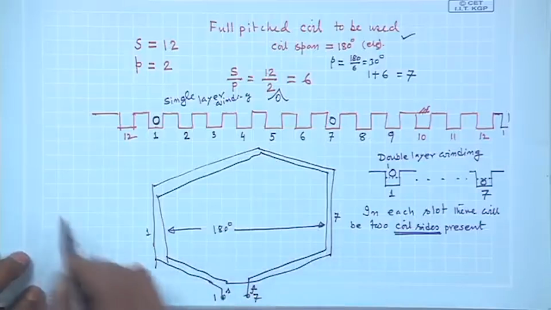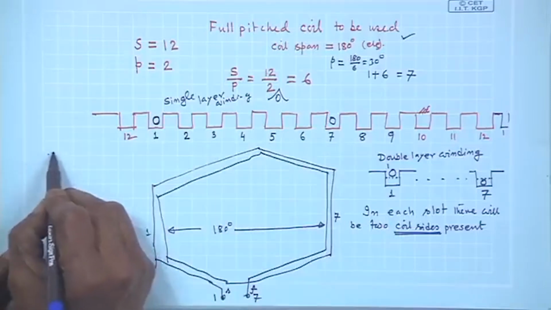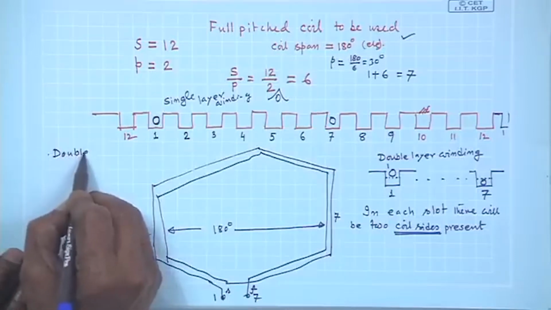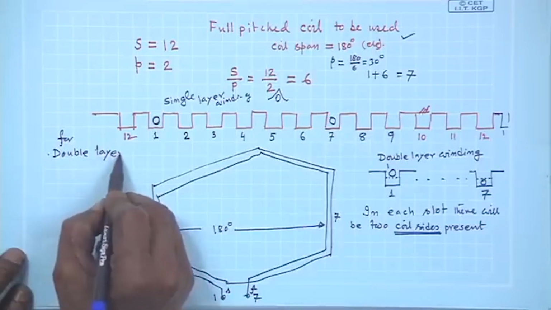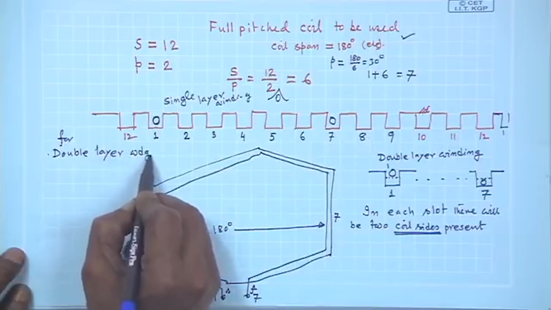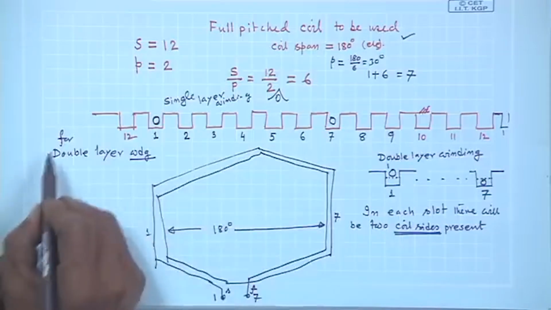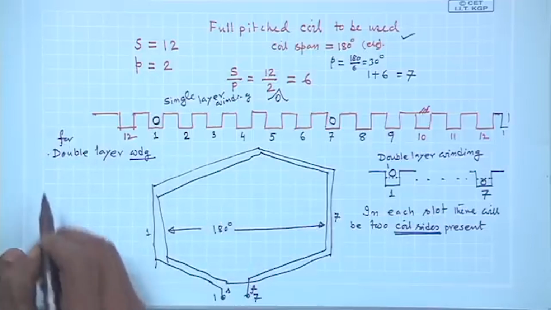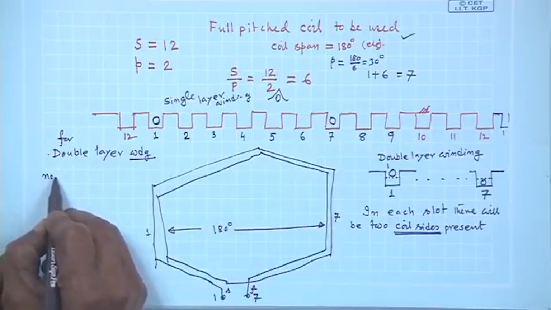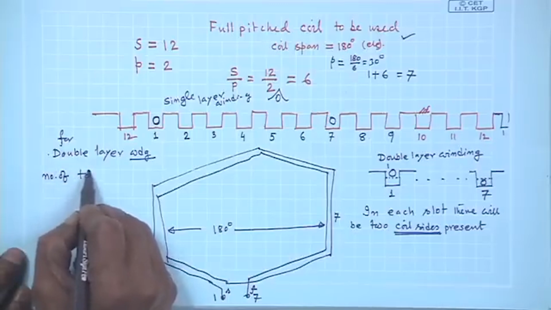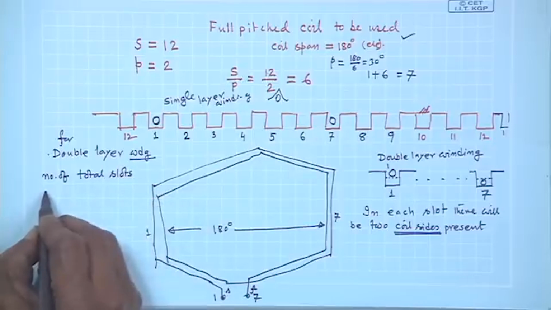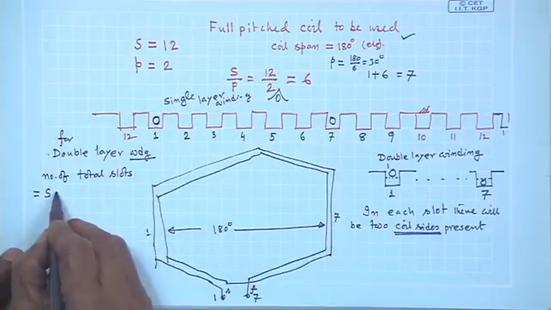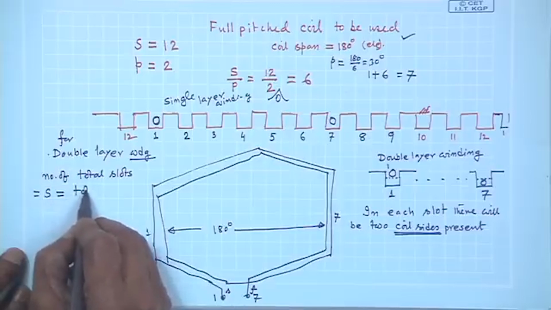So for double layer winding, the total number of slots S will be equal to the total number of coils.